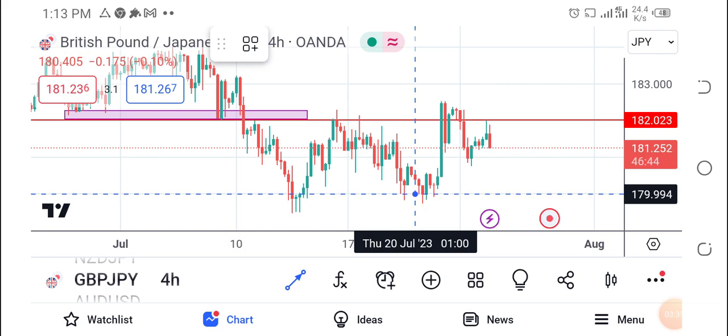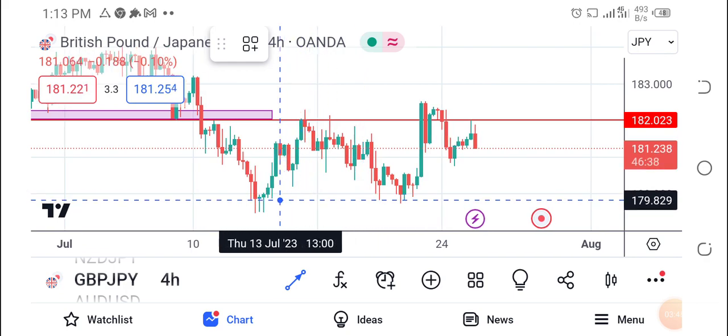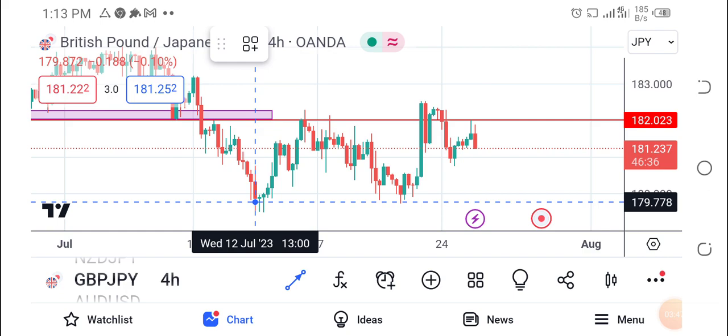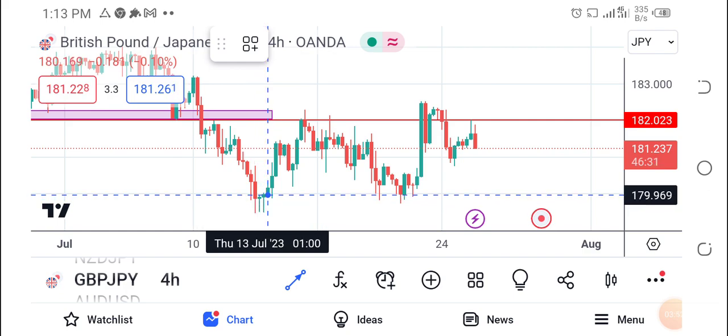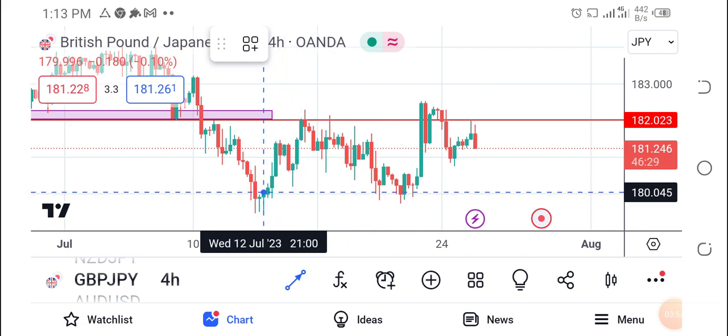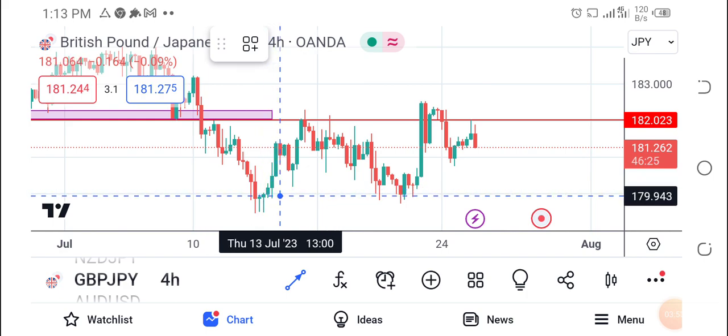Actually from 1.8000, this is a very strong psychological level. You see that from last week. One good thing about TradingView is that it tells you the particular date and what the price actually did within a particular day or week.